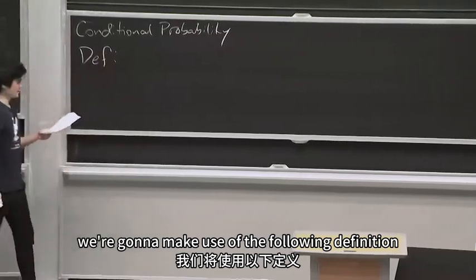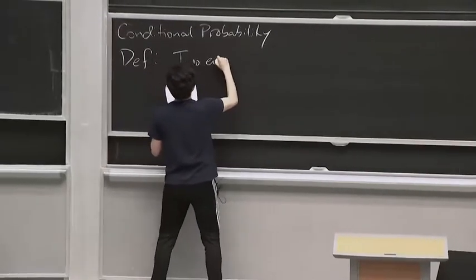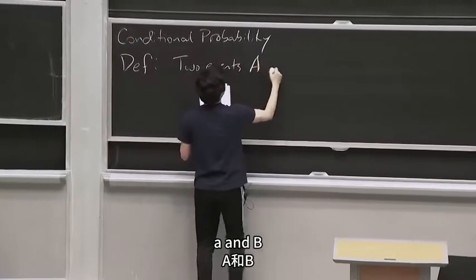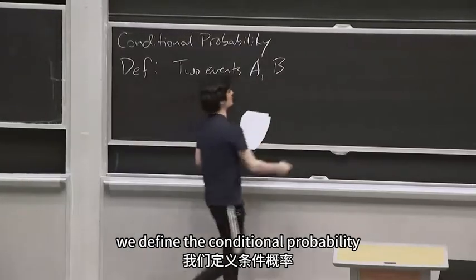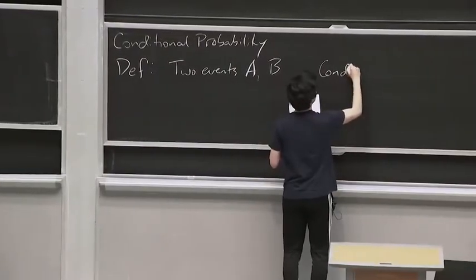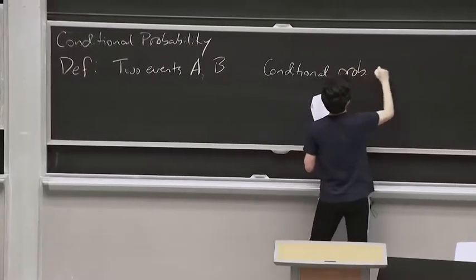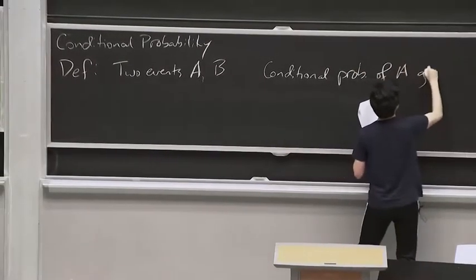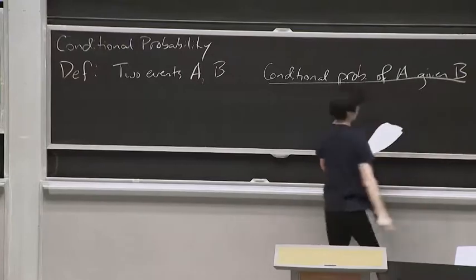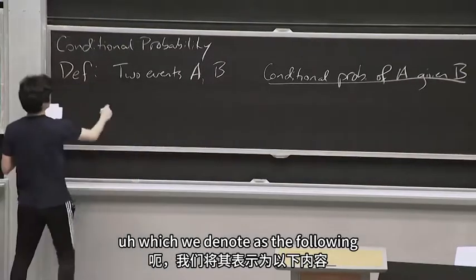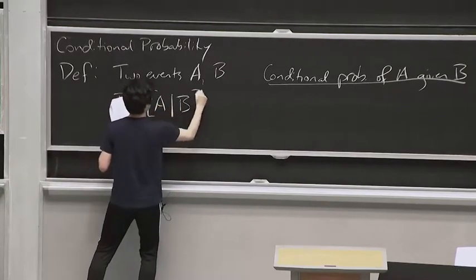We're going to make use of the following definition. If we have two events, A and B, we define the conditional probability of A given B, which we denote as follows.